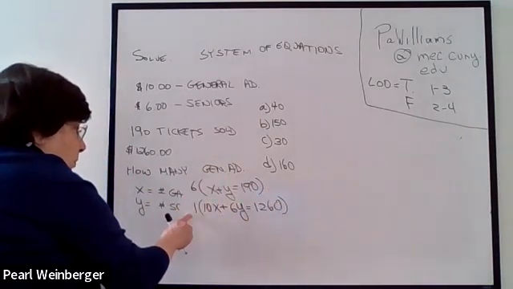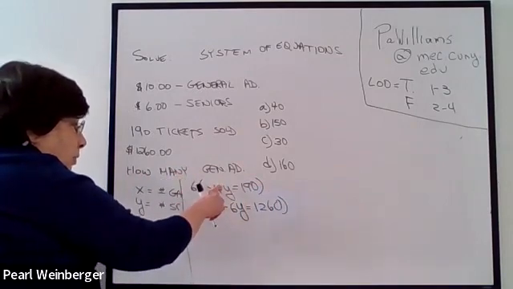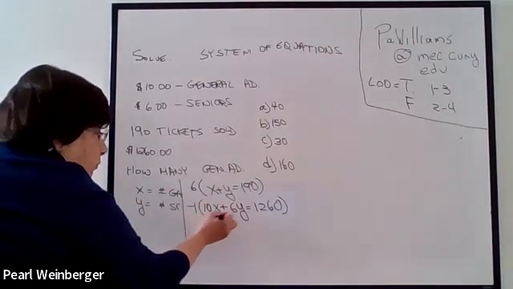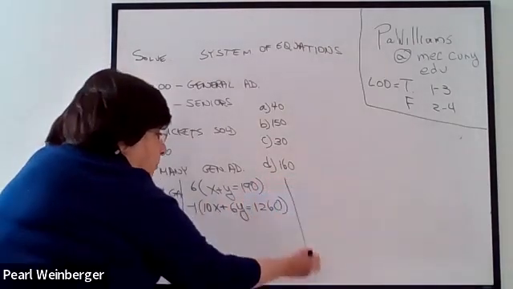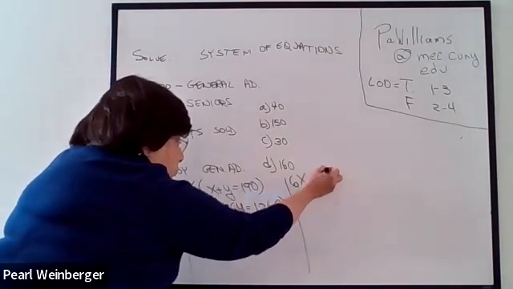And remember, one of them has to be negative because these are both positive numbers, so I'll make this my negative. So my first equation will become 6x plus 6y.